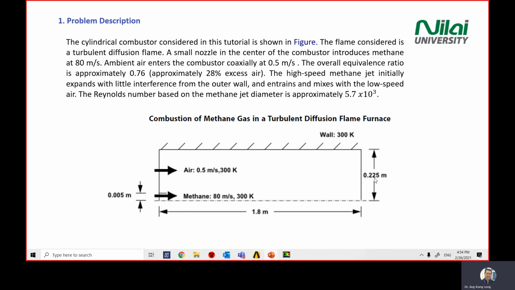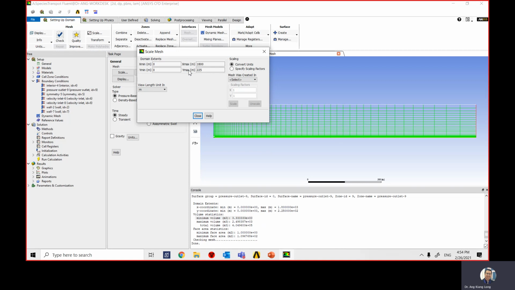Here it will be 225 mm. However, if you look at this file, the unit here is meter, so it's the wrong unit if you do not do the scaling. We need to do the scaling to convert this dimension in mm into meter.